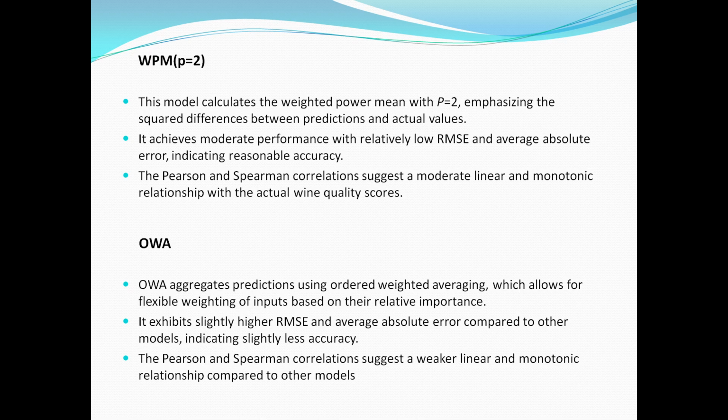Coming to the weighted power means with p value equal to 2, it achieves moderate performance with relatively low RMSE and average absolute error, indicating reasonable accuracy. Then coming to the ordered weighted average, this aggregates predictions using ordered weighted average, which allows for flexible weighting of input based on the relative importance. It exhibits slightly highest RMSE and average absolute error compared to other models.